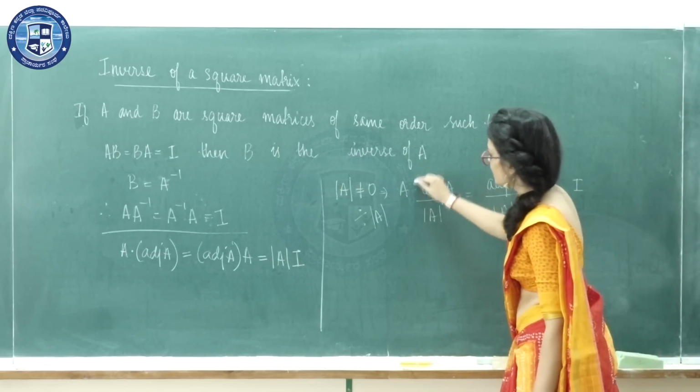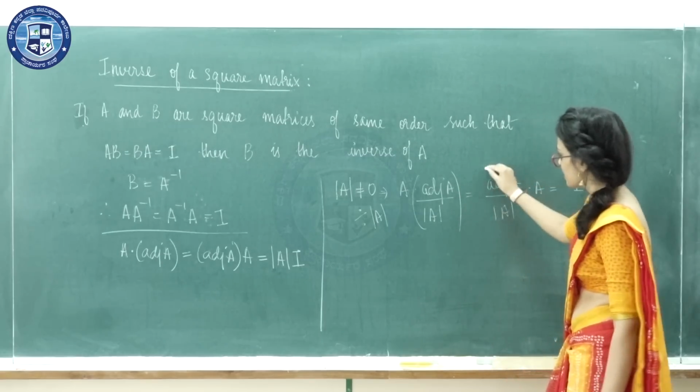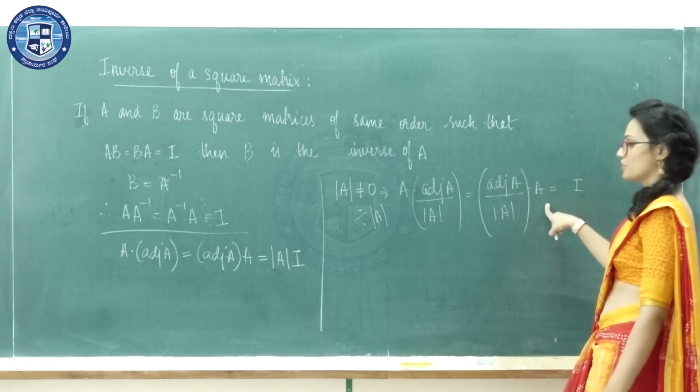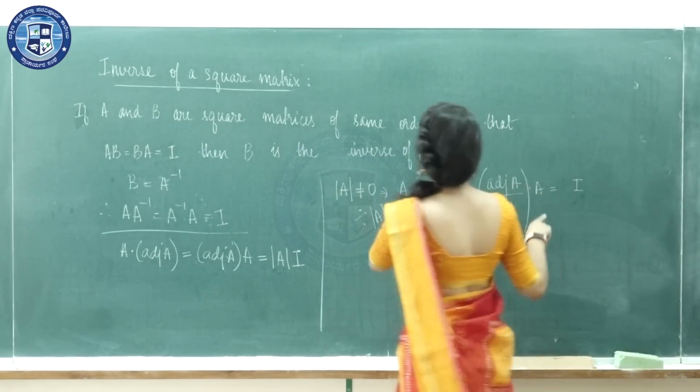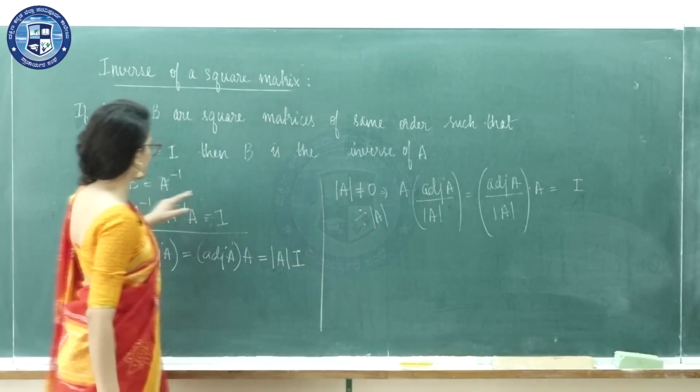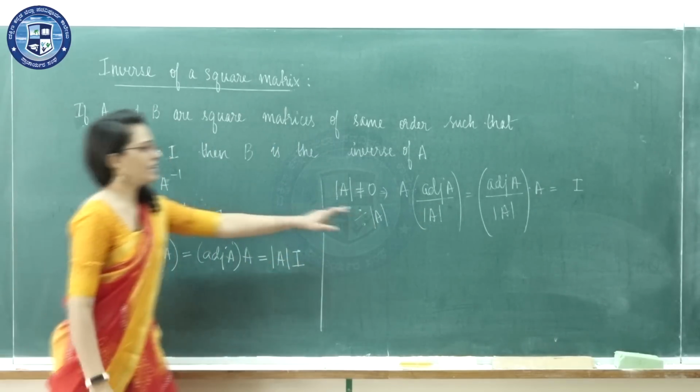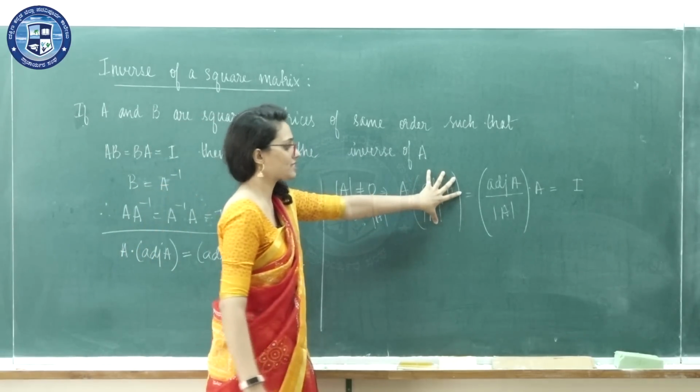So, now you see A into this matrix, into A, is equal to I. It satisfies this equation, correct? Yeah. So, suppose we consider this as A inverse.